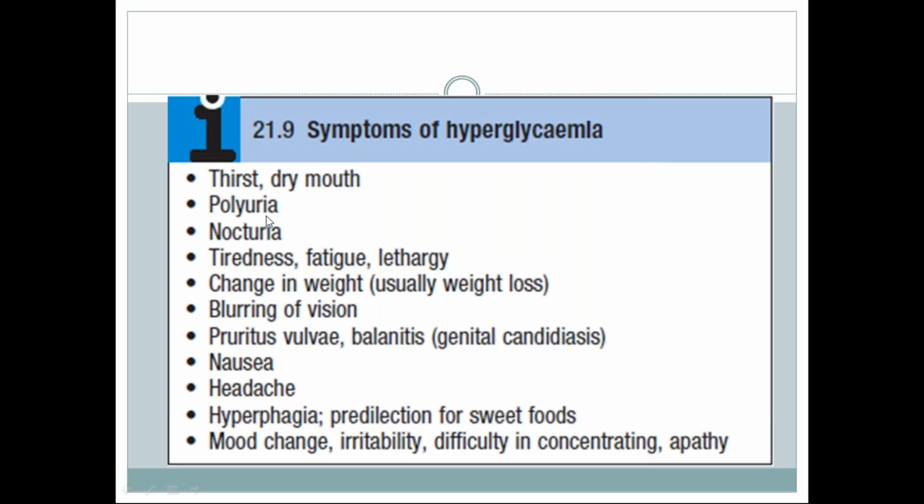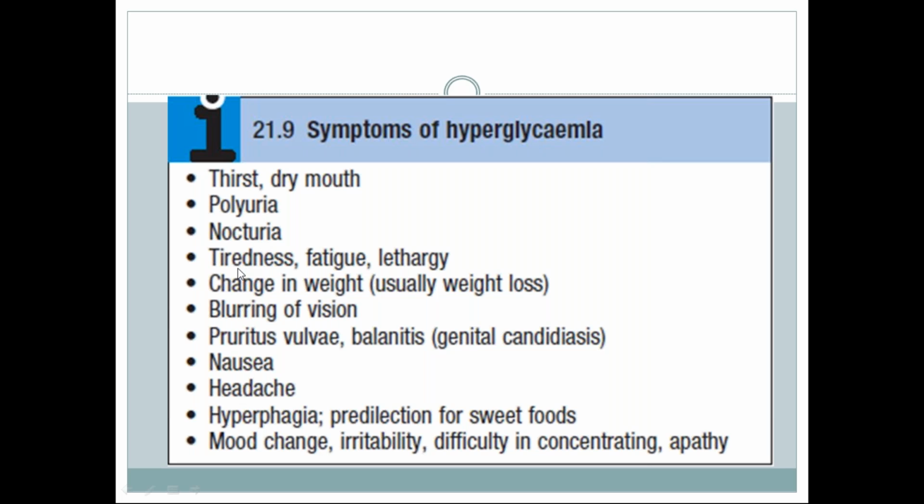Usually the patient complains of needing to go to the washroom 4 to 5 times during the night, with increased frequency and increased number of times of urination. The second thing is nocturia, that is polyuria and nocturia.